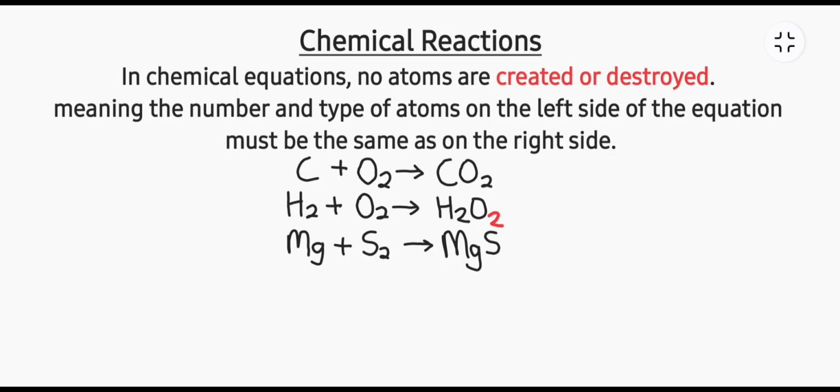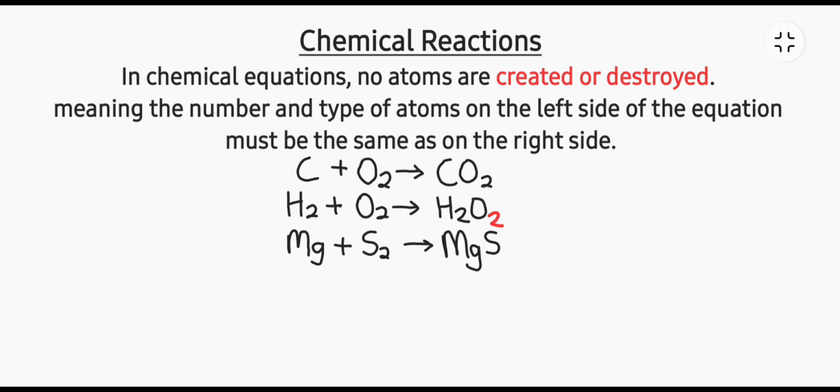Now let's move to the other one here, Mg plus S2 giving MgS. On the left we have Mg 1, S 2, and on the right Mg 1, S 1. So it means that is not balanced because of S. This S is 2 on the left and 1 on the right.